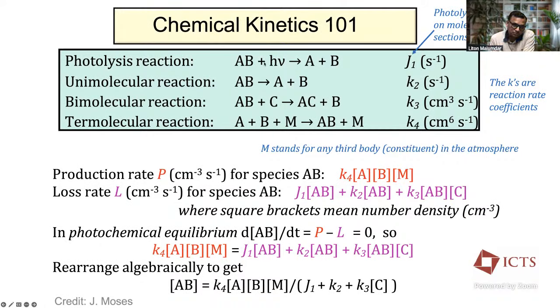If you think about photolysis reaction, which is essentially your photochemistry, if you have a molecule AB, and an incoming photon comes and dissociates this molecule, you can have it dissociated into smaller fragments such as A and B.